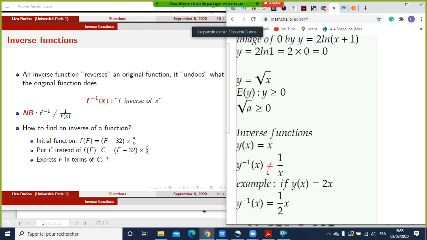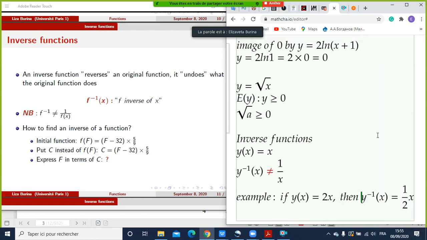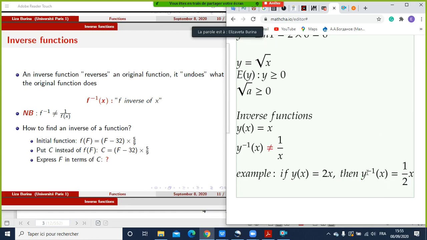If y of x is equal to 2x, then its inverse, so y to the power of minus 1, will be equal to 1 over 2 x. That's the principle, and it's the easiest to understand on this simple example.